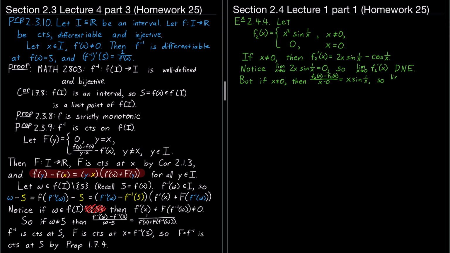So if you take the limit as x goes to 0, that limit is indeed 0, and in particular exists. So f2 prime of 0 exists and equals 0.